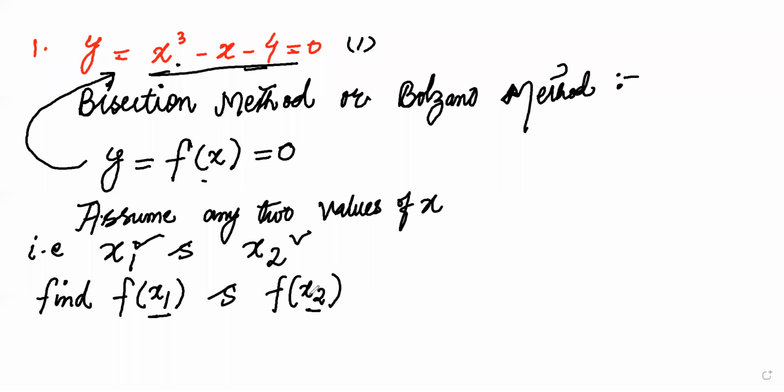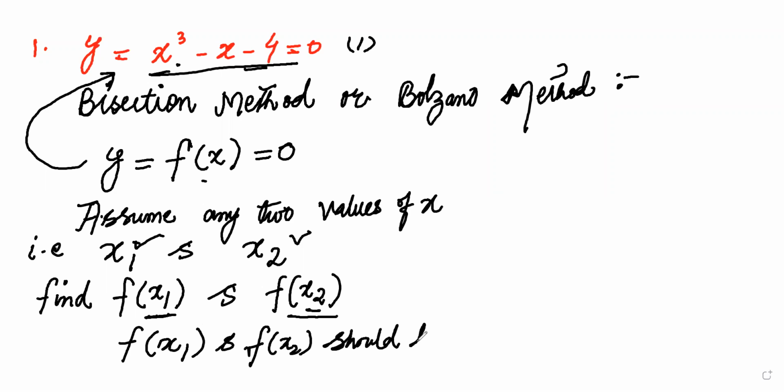What we do is assume two values x1 and x2, and obtain f of x1 and f of x2. It's a very important condition that f of x1 and f of x2 should have opposite signs. What does that mean? They should have opposite signs.